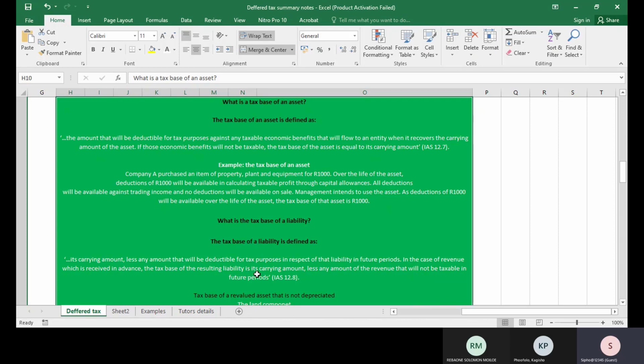So I'm saying to you, Solomon, if this 10,000 is being taxed now, will it be taxed in the future? Remember it's a matter of receipts or accrual. So we have received the 10,000 now. It will be taxed now.